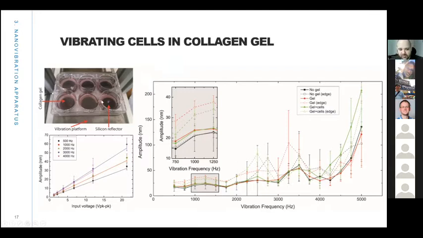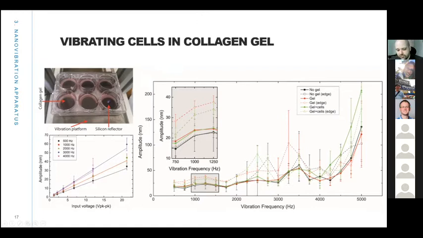And using a similar technique with the laser vibrometry, we've measured again the response in terms of input voltage, showing that it's a linear response, and I've also done another frequency sweep to show that there's fairly accurate reproduction of the vibration at these lower frequencies.